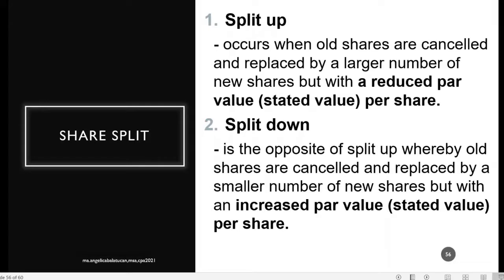In total, it's the same, but since there are more shares, when we divide by the number of shares, the par value or the stated value per share becomes smaller. Opposite of a split up is a split down, whereby the old shares are cancelled and replaced by a smaller number of shares. So since the number of shares is smaller, the par value or the stated value per share will increase, because we have fewer shares to divide by.